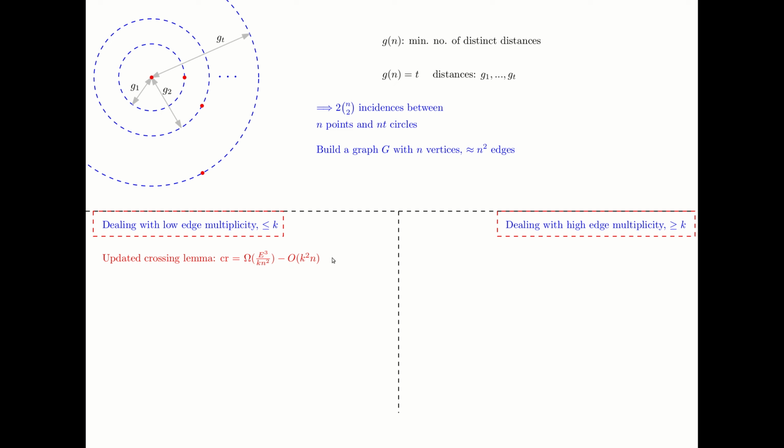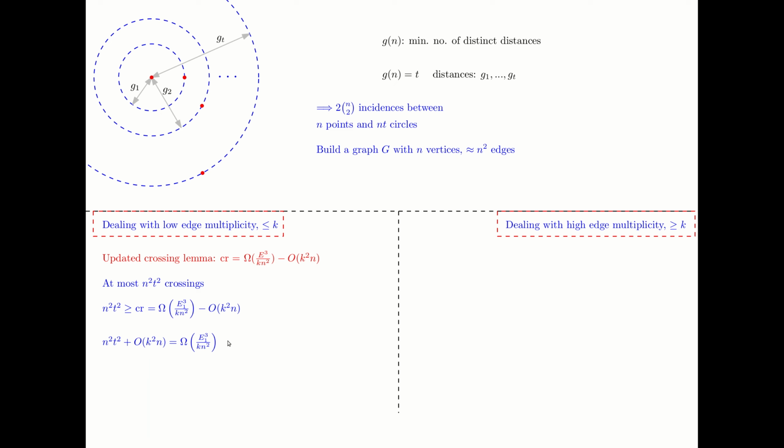I will leave this as an exercise for you to prove, but assuming we know this theorem, we can now proceed as before. nt circles define at most n squared t squared crossings, which is a strict upper bound on the number of crossings. And from the crossing lemma, we know that the number of crossings is at least e1 cubed, where e1 is the number of edges with low multiplicity, divided by k times n squared. If we write it this way, we now have a bound on e1.